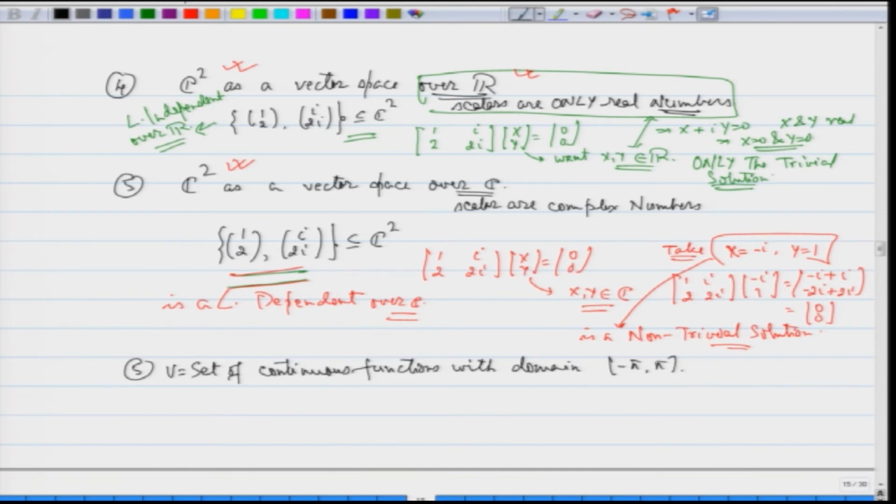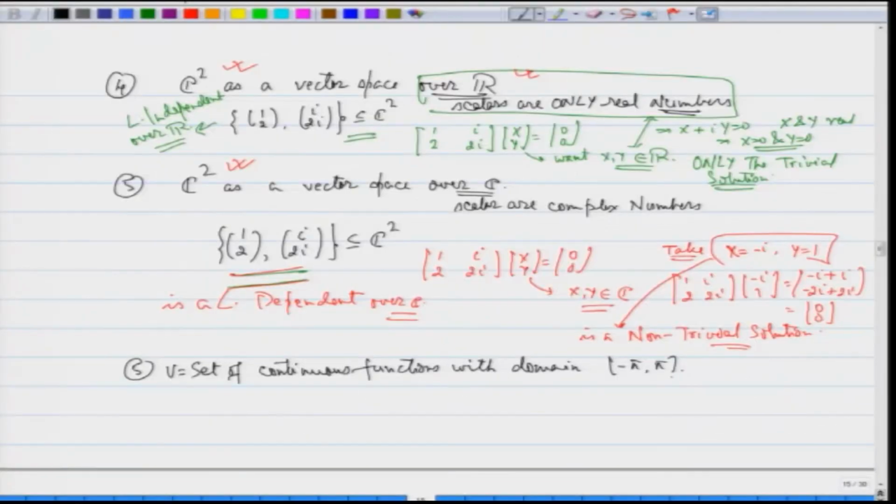The sum of two continuous functions is a continuous function. If you multiply a scalar to a continuous function, it still remains a continuous function. So, you can prove that the set of continuous functions with whatever domain you take is a vector space.